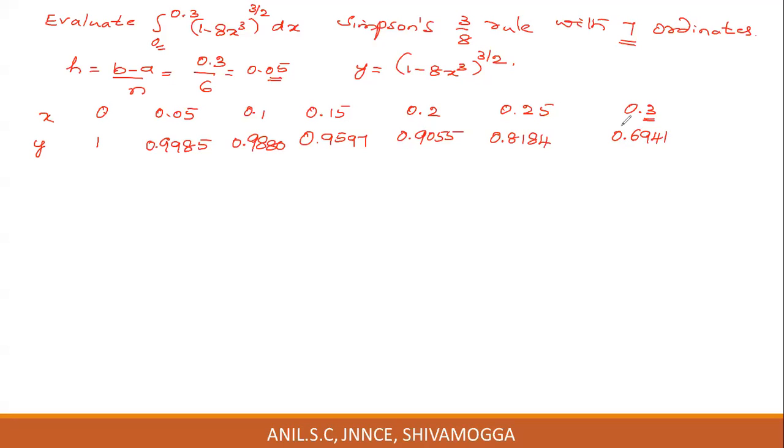Fine. Now we write the formula. I is equal to 3h by 8 into (y naught plus yn, that is y naught plus y6, plus 3 times the ordinates which are not multiples of 3, that is y1, y2, y4, y5, plus 2 times the ordinates which are multiples of 3 between y0 and y6).